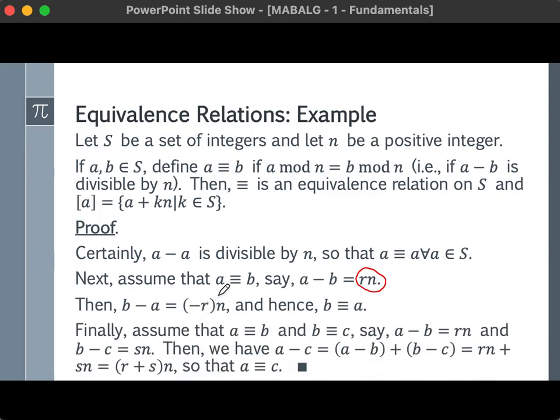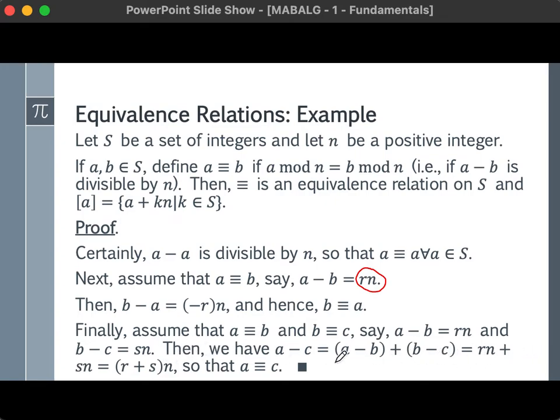Finally, assume that a is congruent to b and b is congruent to c. Say we have a minus b is equal to rn, as given above, and b minus c is equal to sn. Then a minus c is equal to a minus b plus b minus c. Substituting, a minus b is rn and b minus c is sn.